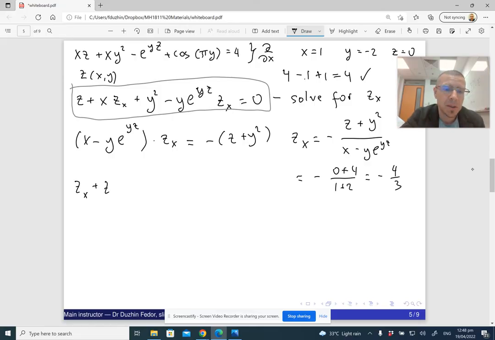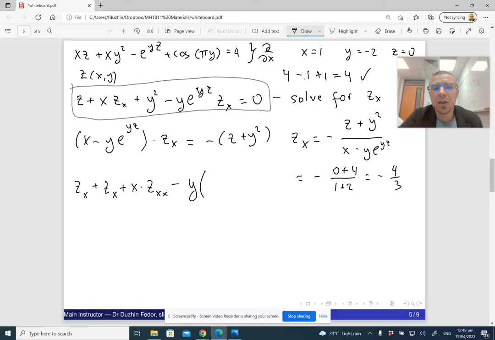So z_x plus x times the partial derivative of z_x with respect to x, so this is the second partial derivative of z with respect to x, plus y squared. y squared does not really have any x, so minus, okay. Now y is a constant with respect to x, so we can just take it out. Now we've got to differentiate whatever this is with respect to x.